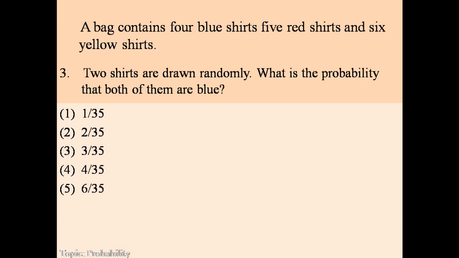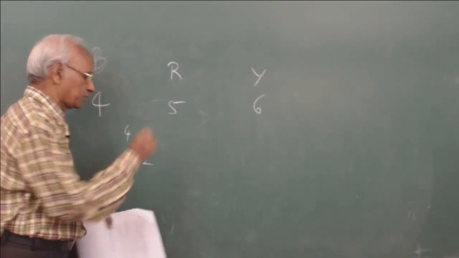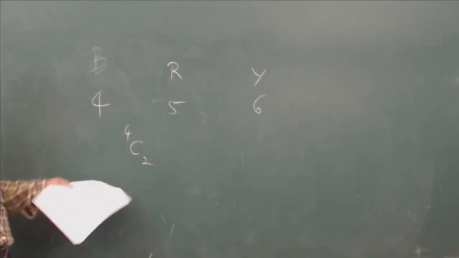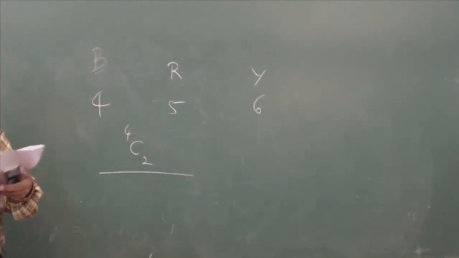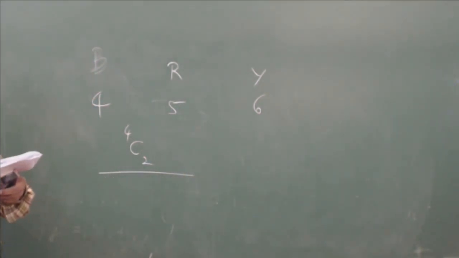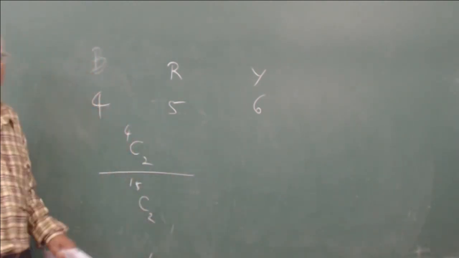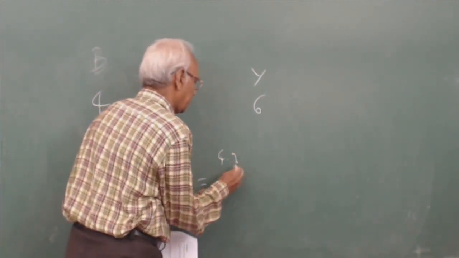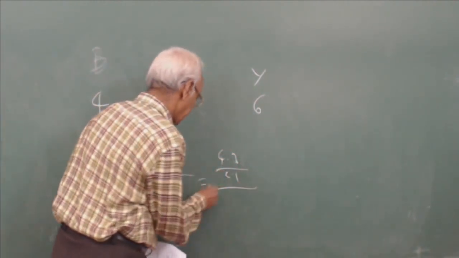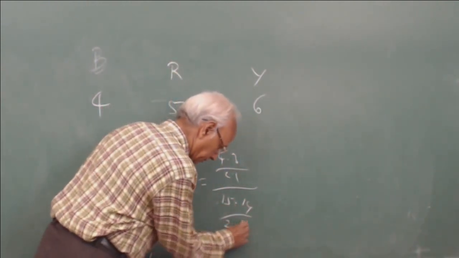That means there are only 4 blue shirts, out of which both the shirts which we take should be blue. 4C2 is the only way 2 shirts can be drawn, both blue. This is the numerator. The denominator is, as you know, 15 shirts are there, 2 shirts drawn, 15C2. This is again simple. This is nothing but 4 into 3 divided by 2 into 1, divided by 15 into 14 divided by 2 into 1.